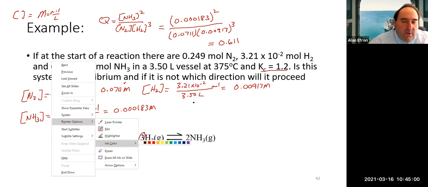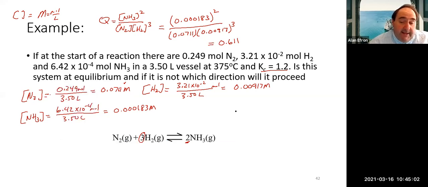Okay, so what that then means is we have a Q value. We have the K value given to us, which was 1.2. In comparing those two numbers, we see that the Q value is less than the K value. First off, what does that tell us?